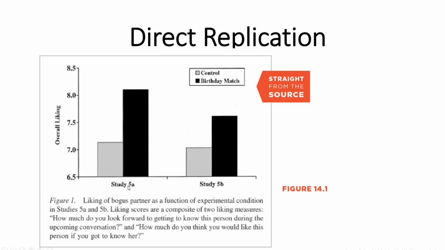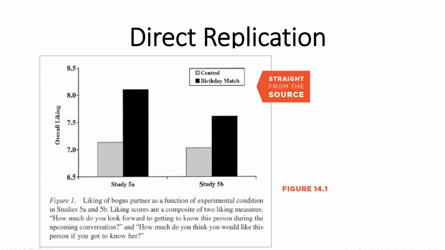And so in the first study, 5A here, we're looking at our control group, so no matching, versus the experimental group with the birthday match. And we can see that our birthday match group had a much higher report of liking than the control group. And so here, they just did a direct replication.